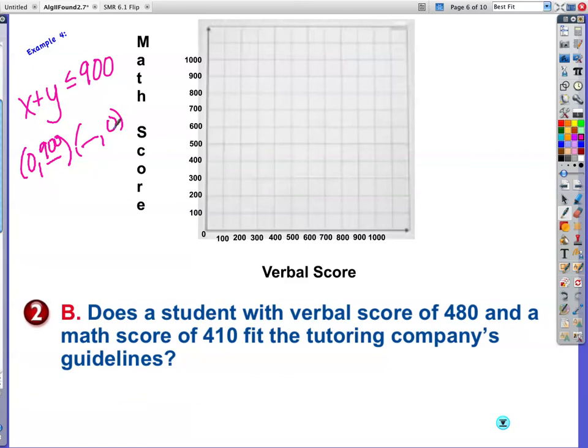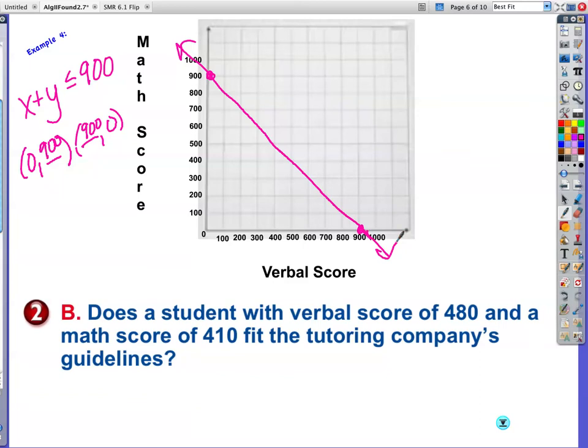If I put 0 in for Y, I get 900. So I'm going to put a point at 0, 900, and another point at 900, 0. And I go ahead and connect this with a solid line, because the boundary is included in our answer.